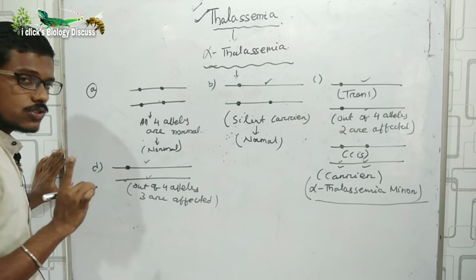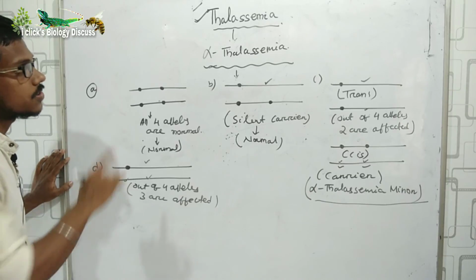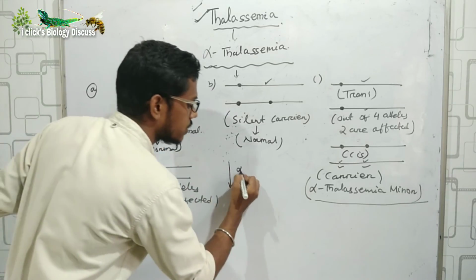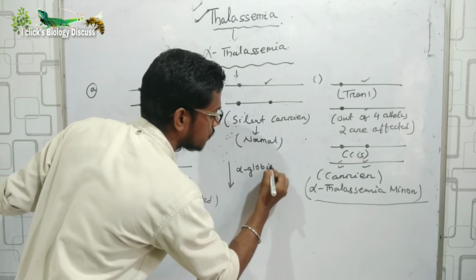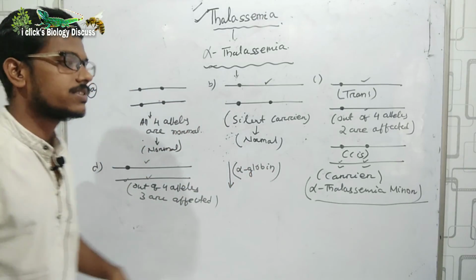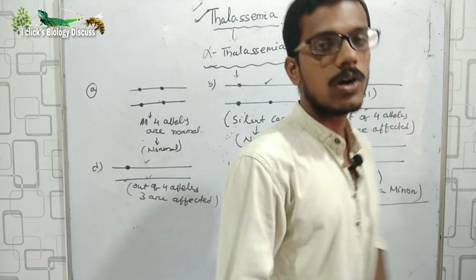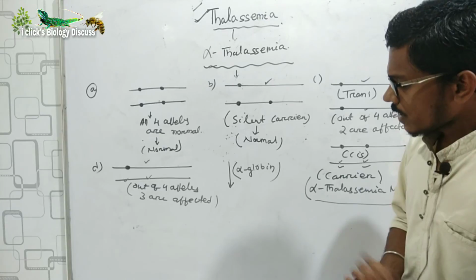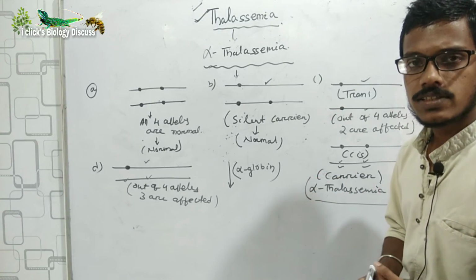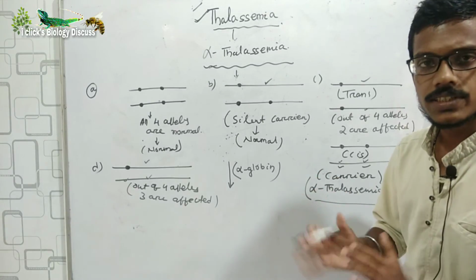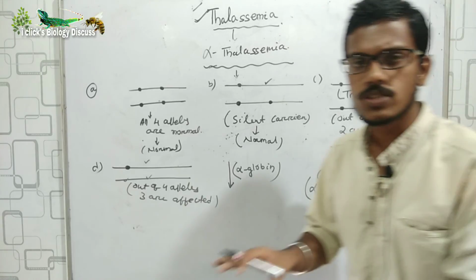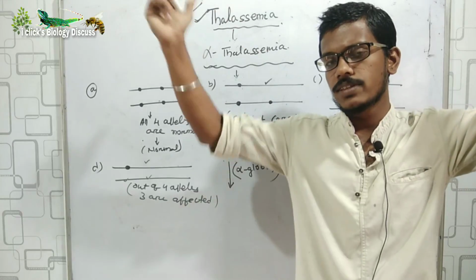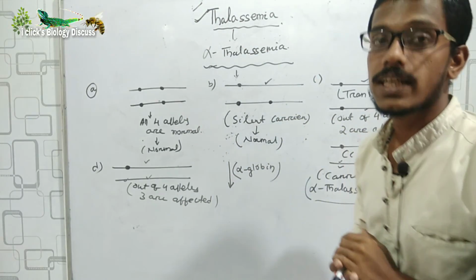Then it will lead to symptoms of thalassemia, and there will be a decrease in the synthesis of alpha globin chain. If the alpha globin chain synthesis is decreased by a very large amount, then what will happen? In another way, there will be synthesis of beta globin chain.